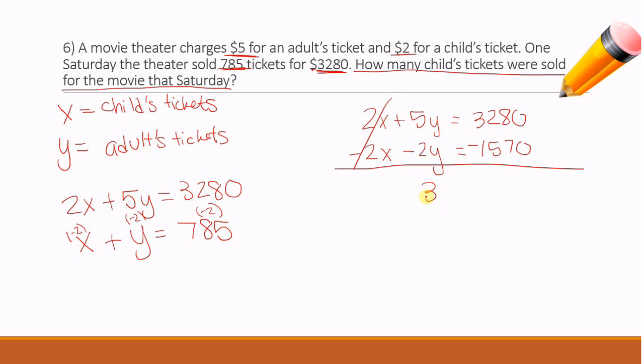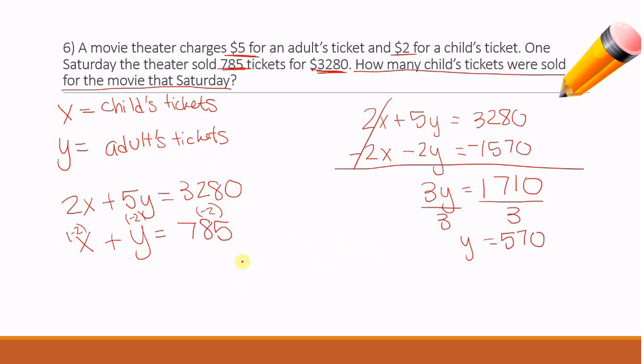It looks like I'm left with 3y equals 1,710. So now let's divide by 3, get that y alone. We get y equals 570. That's the amount of adult tickets that we sold that day.